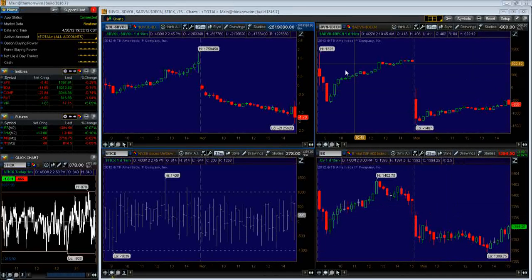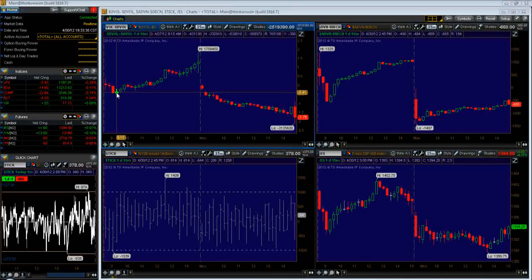If we move back a day, so if we go to Friday, a little bit different scenario. We had the breadth move lower, not extremely bearish, but moving lower, and we also had the advanced decline line moving lower, and we did have the ES moving lower as well.